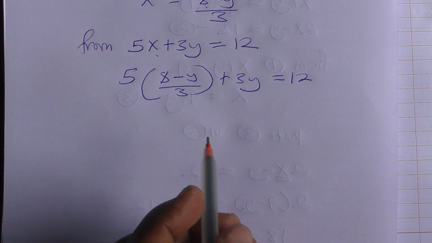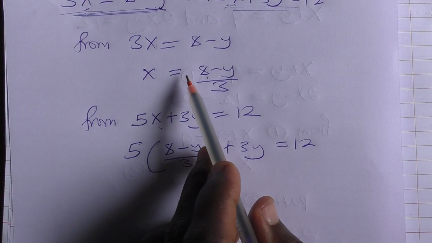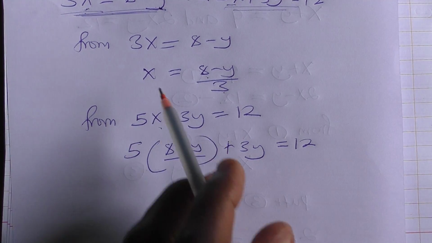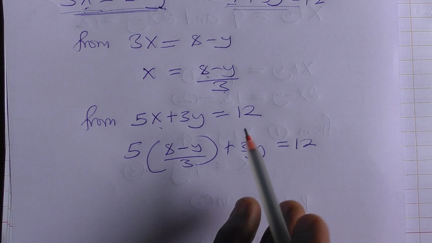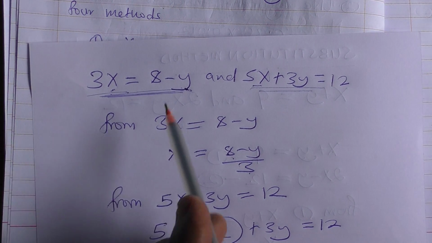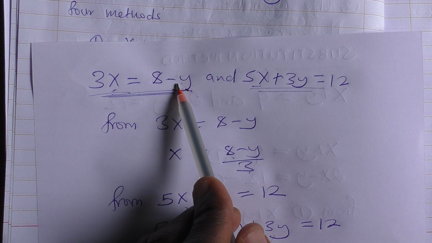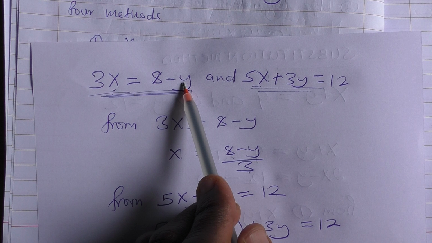Now, this is what I was talking about. Since we made x the subject, it gave us a fraction. Some of us are not good when it comes to fractions. So I would advise you, if you are not good with fractions, then you better make y the subject, because this will not give you a fraction, since y has no bigger coefficient.